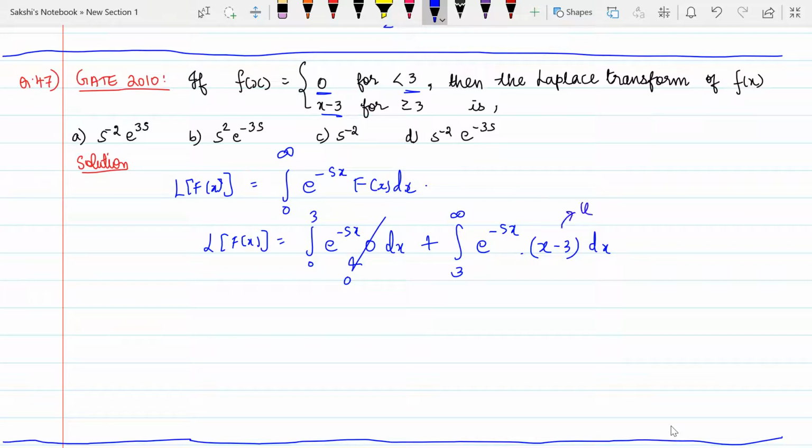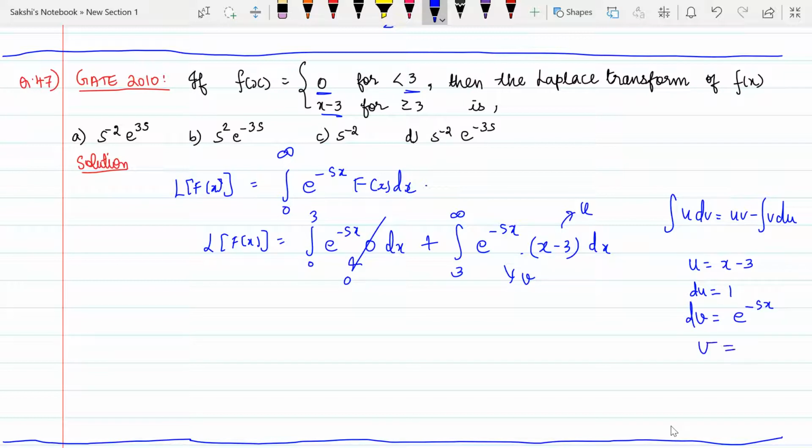I can use this as u and this as v. Integral u dv will be uv minus integral v du. So u is x minus 3 and du will be 1. And dv is e power minus sx dx, therefore v will be e power minus sx divided by minus s.